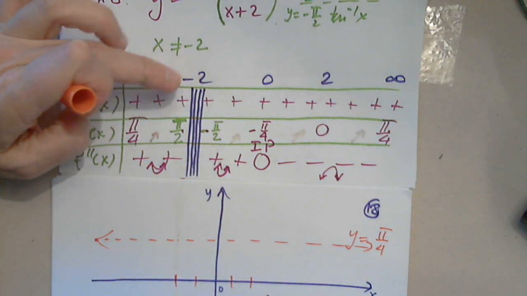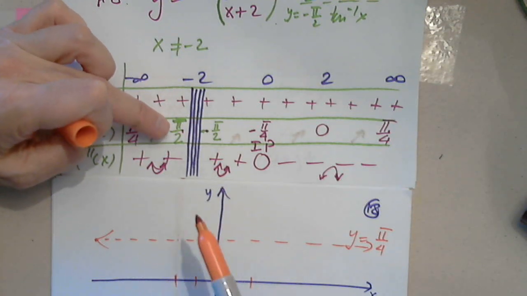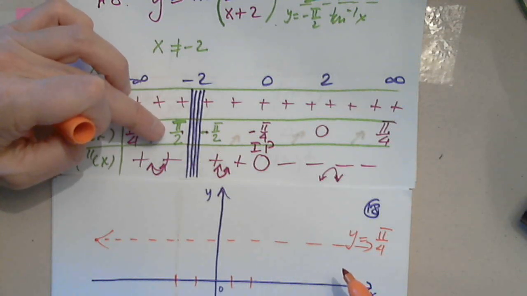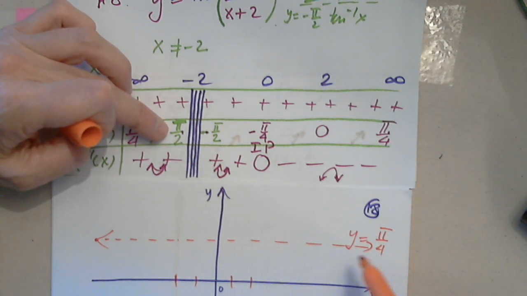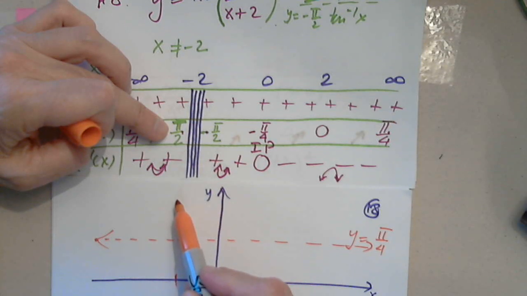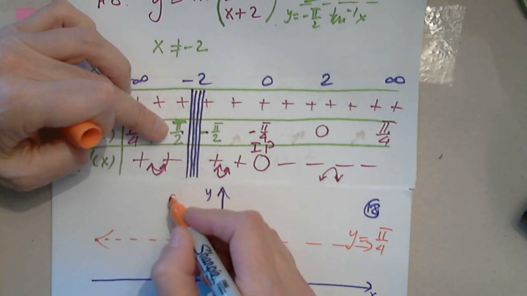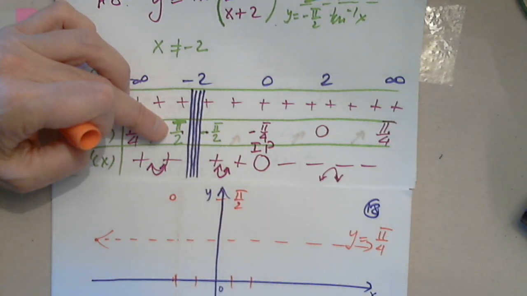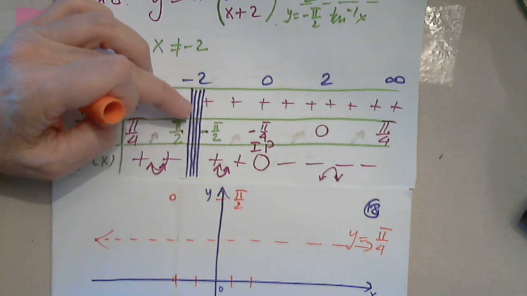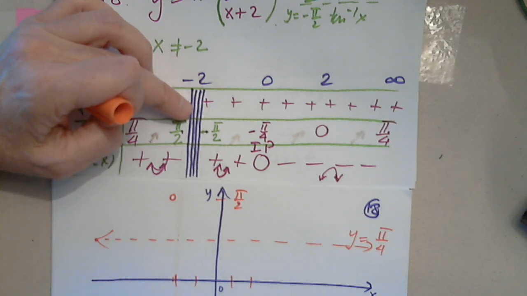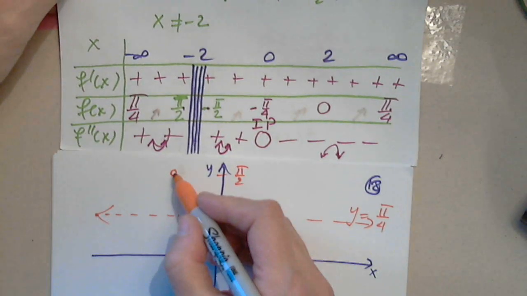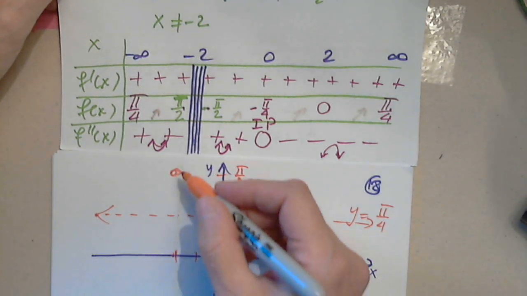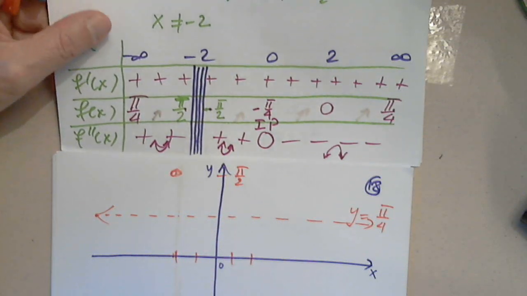At -2, on one side of -2, there is an open point, pi over 2. So pi over 2 will be here. Negative pi over 2 on the other side, it will be here. On the same vertical, of course.